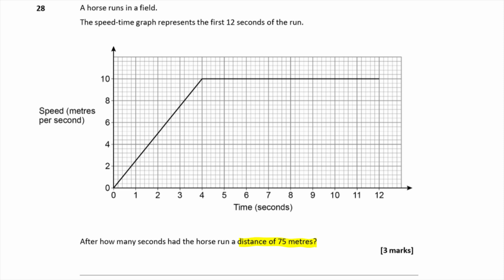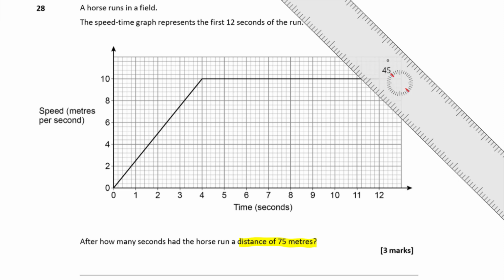Okay. So the graph has got two main areas. It's got this part from 0 to 4 seconds where the horse is clearly accelerating, from not moving up to a speed of 10. Once it gets to 10, it's just carrying on at the same speed, isn't it? So that's quite handy.